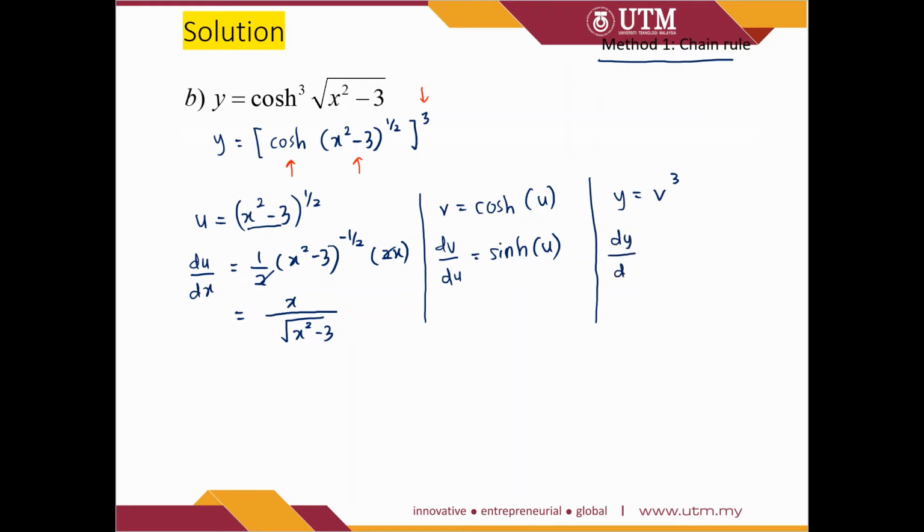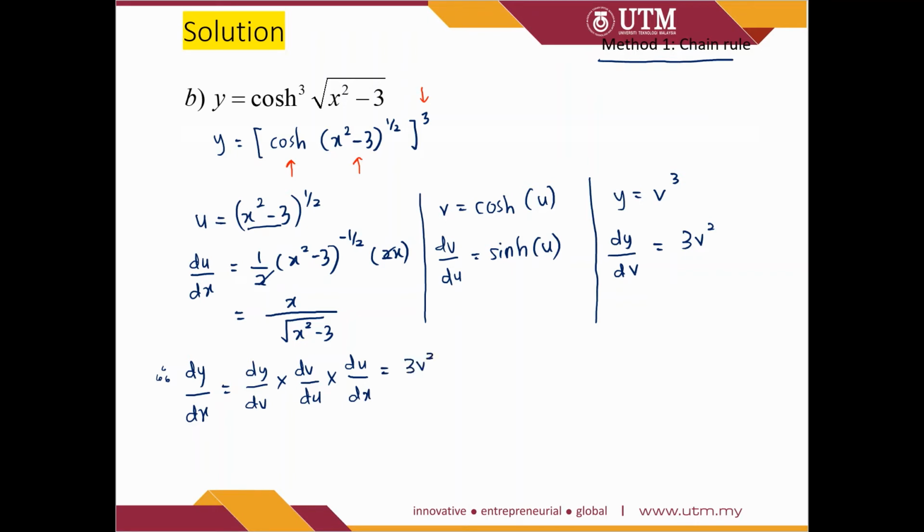So dy over dv will be 3v squared. So now we can solve for y. dy over dx would be equal to dy over dv times dv over du times du over dx.